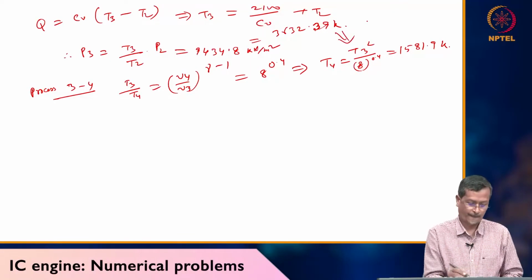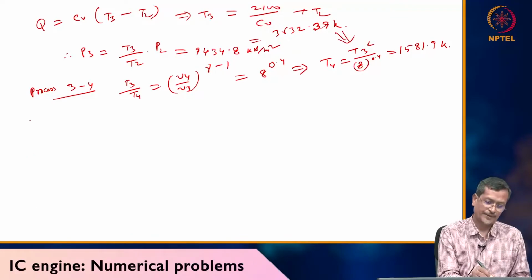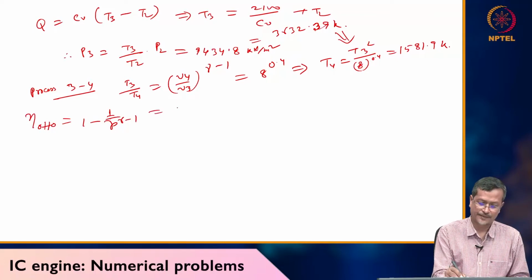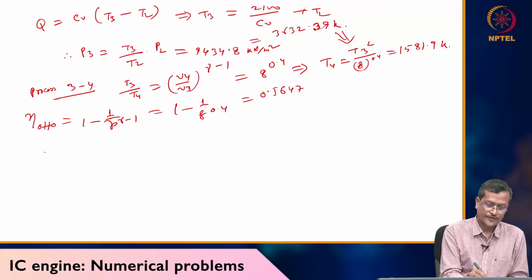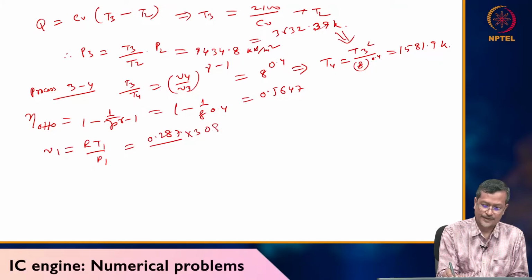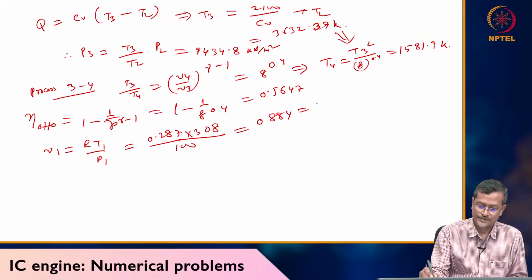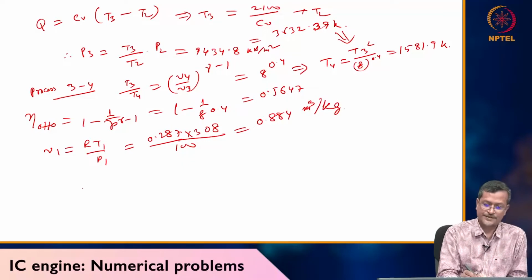Now the Otto cycle thermal efficiency equals 1 minus 1 by r to the power gamma minus 1, equals 1 minus 1 by 8 to the power 0.4, equals 0.5647. So V1 equals R T1 by P1 equals 0.287 into 308 divided by 100 equals 0.884 meter cube per kg.